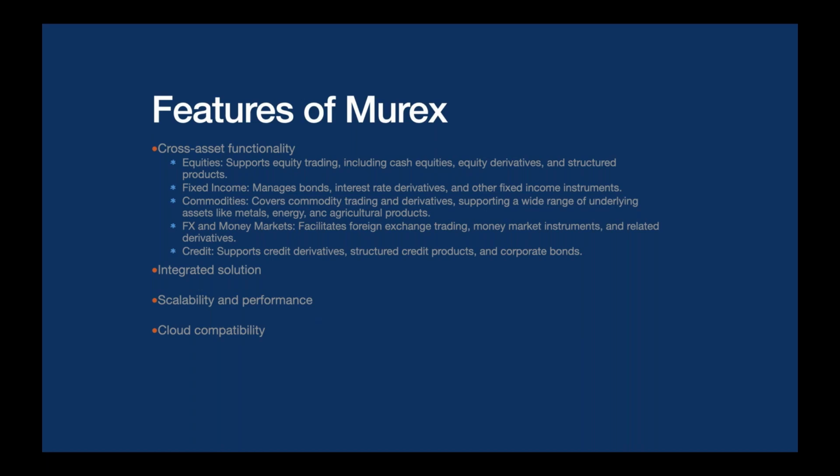Similarly, fixed income products: bonds, interest rate derivatives, and other fixed instruments like FRAs, repos, reverse repos. Then commodities is something I have not seen much, and I have personally not worked on Murex implementation in terms of commodities. It covers trading and derivatives, supporting a wide range of underlying assets like metals, energy, and agriculture products.